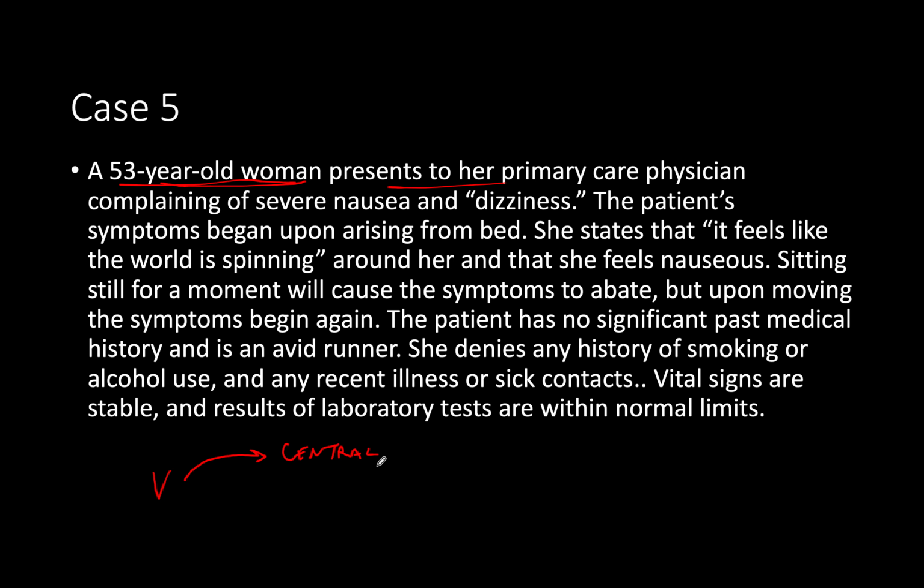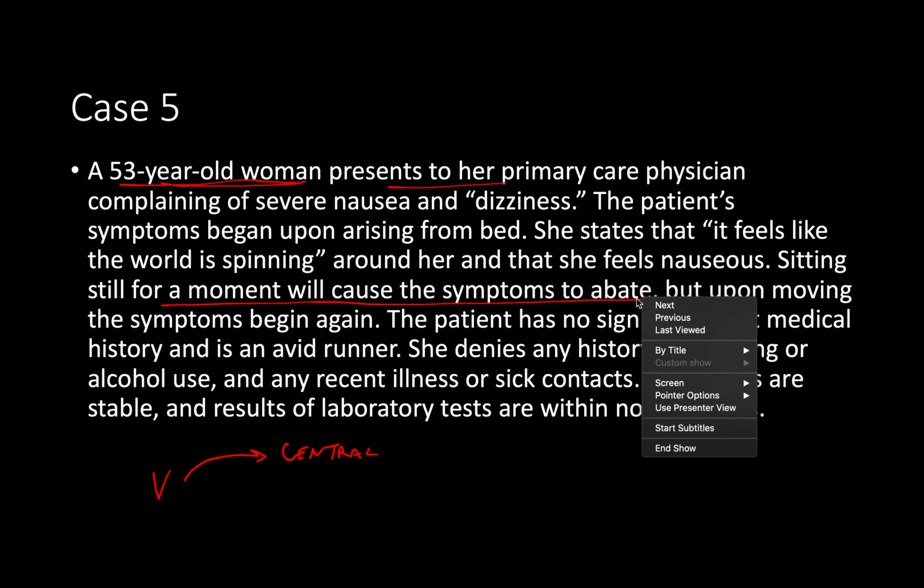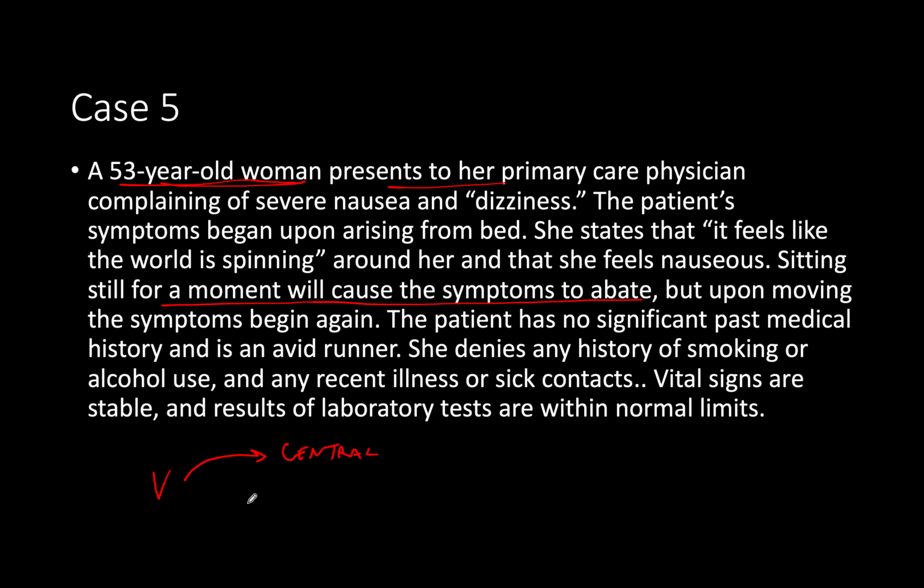For our patient, it seems like whenever she moves, that's when she has the problem, right? When she sits still for a moment, the symptoms abate. And so we can say that it's probably not a central vertigo. This is probably going to be a peripheral vertigo. Peripheral vertigo is anything involving the semicircular canals, any part of the ear, any part of the vestibular nerve.